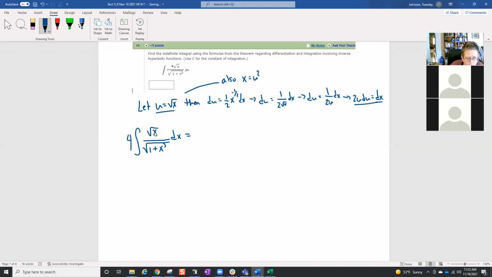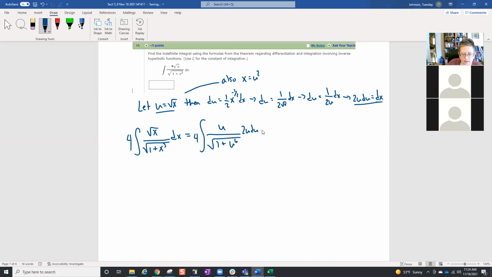All right, so the square root of x is u for the integral. Underneath, in the denominator, we have the radical 1 plus, but instead of x cubed, x is u squared, so x cubed is u to the 6th. And in place of dx, we have 2u du.